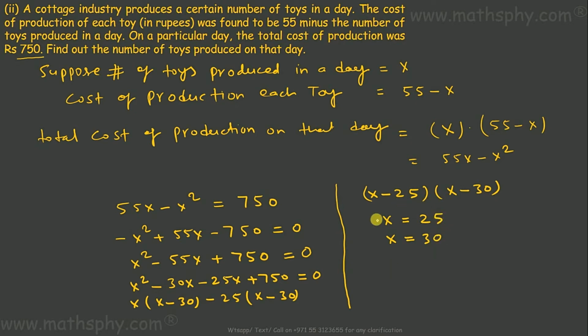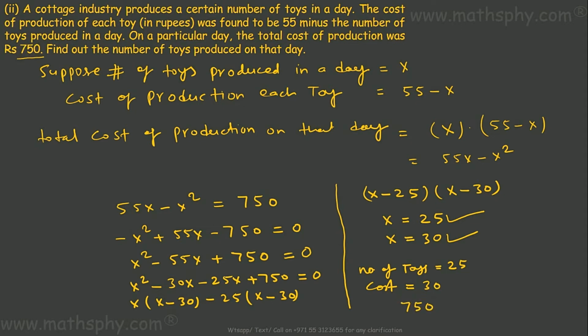So there can be two possibilities. Either they produced 25 toys on that day, or they produced 30 toys on that day. I put it this way. If they produced 25 toys, then the cost would be 55 minus 25, which is 30. 25 and 30 gives you 750.